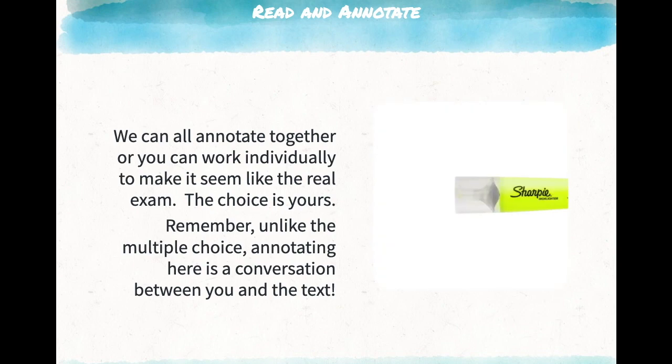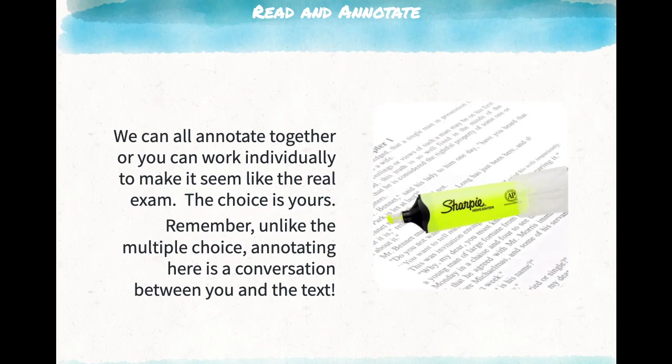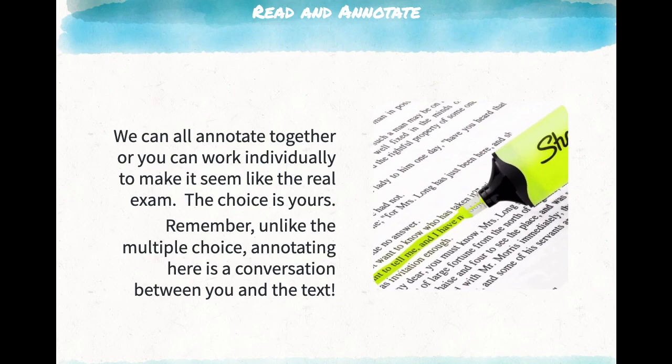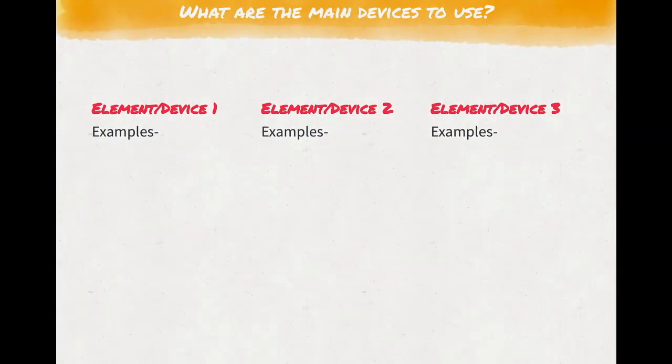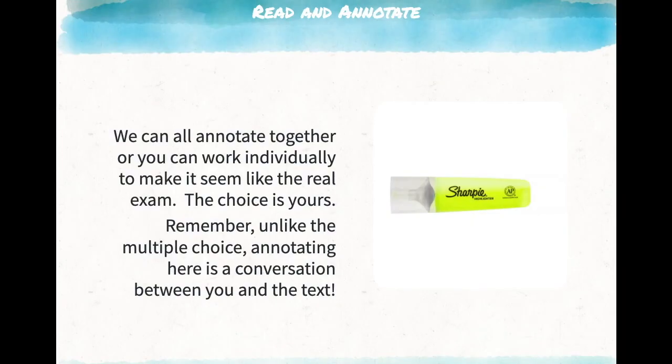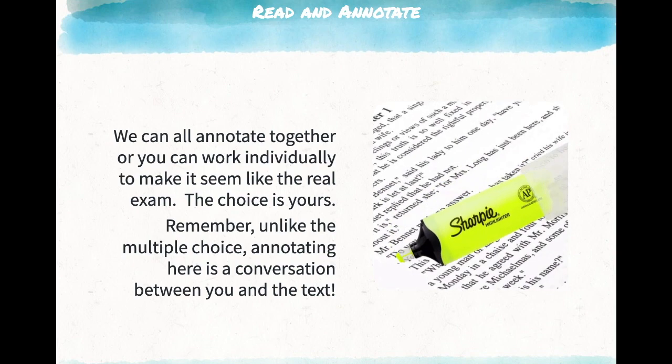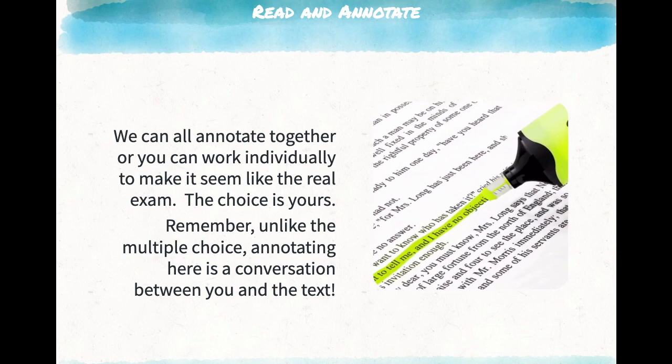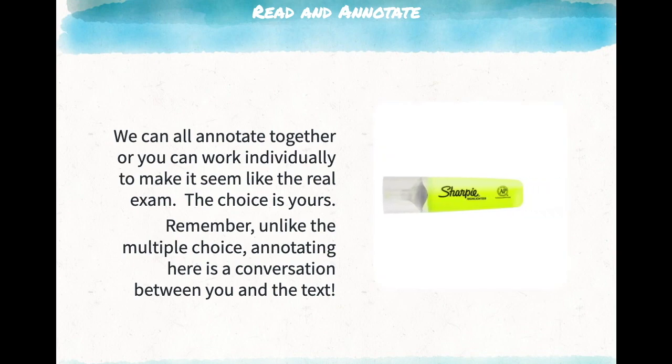We're not going to annotate together because we can't. You're all separate. But while I'm reading through it, please... Oh no, do I not have it on here? Okay, so instead you are going to read it on your own.